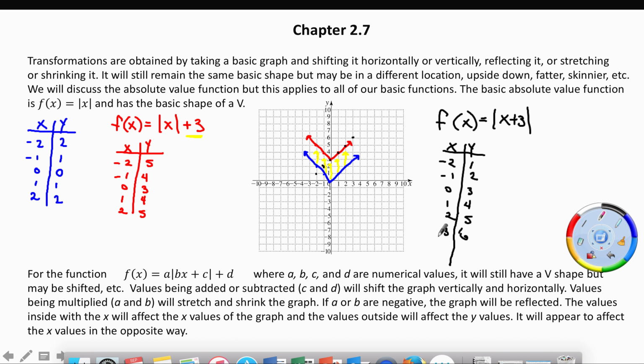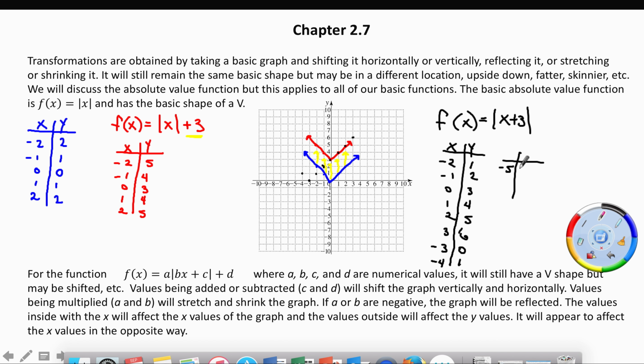Let's go back up and plug in maybe -3. -3 plus 3 is 0. So I'll get negative 3, 0. Still not helping me. Let's try negative 4. Negative 4 plus 3 is negative 1. Absolute value of negative 1 is 1. Okay, a little help there. Let's try negative 5.